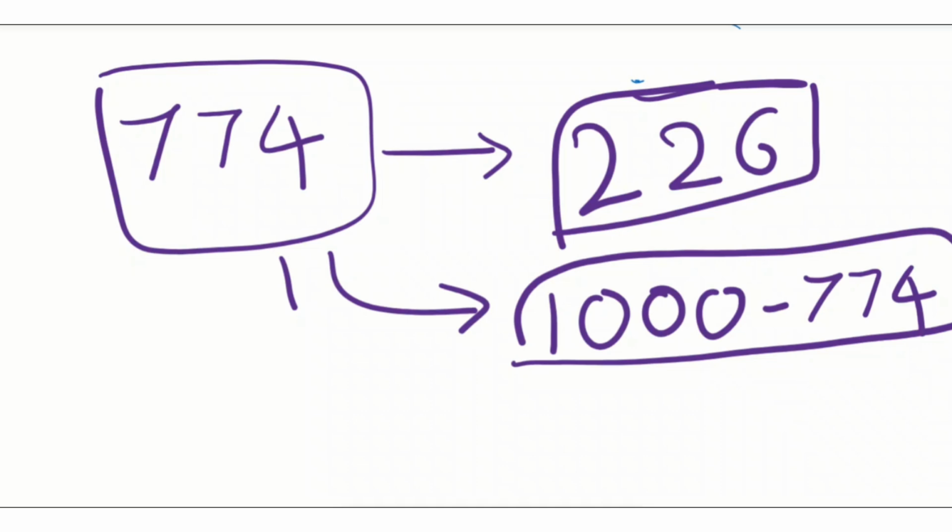When it is subtracted, you get 226, which is also the Nikhilam. Okay? If this is not clear right now, it's okay. With the upcoming examples, I will explain it so that it becomes a lot clearer for you.